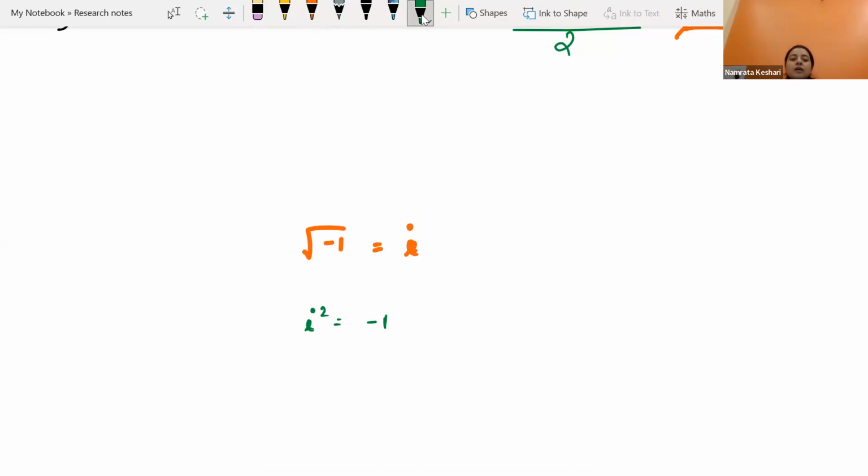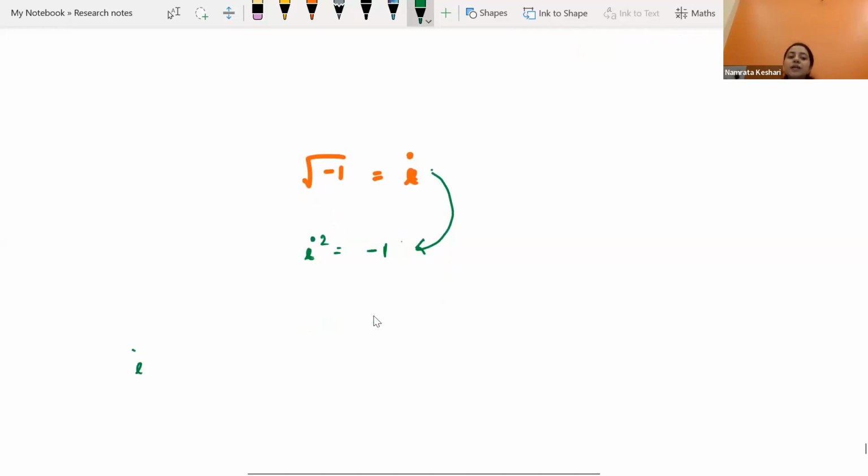Can you see i square will be minus 1? Yes or no? If you do squaring both sides, are you going to get minus 1? Yes, ma'am. Okay, so from here we know one more result, and every now and then we will be using this result, that i square value is minus 1.